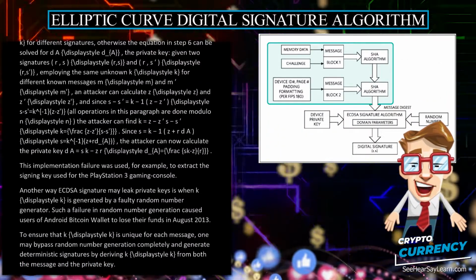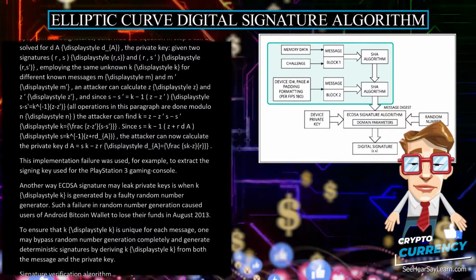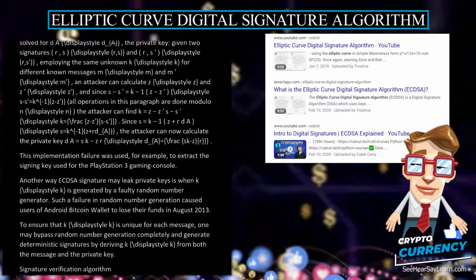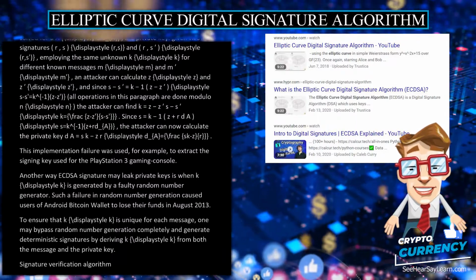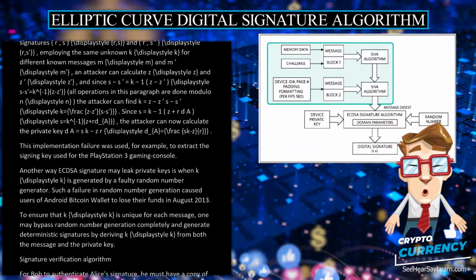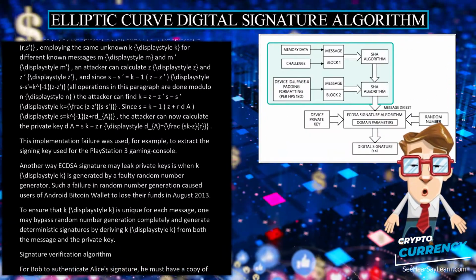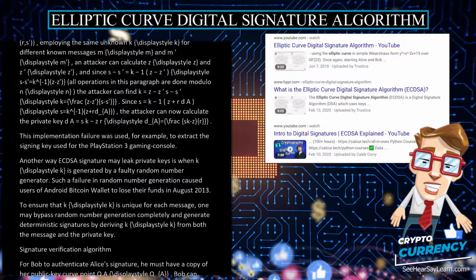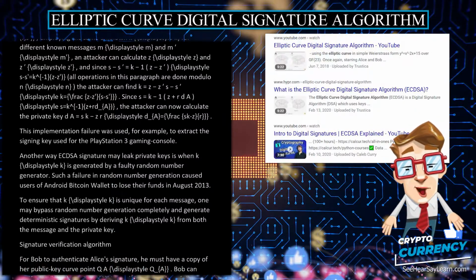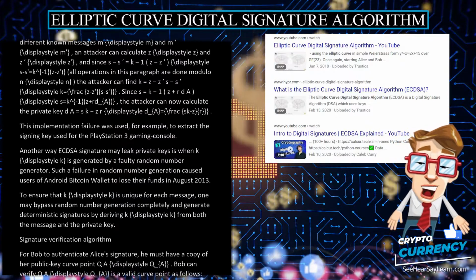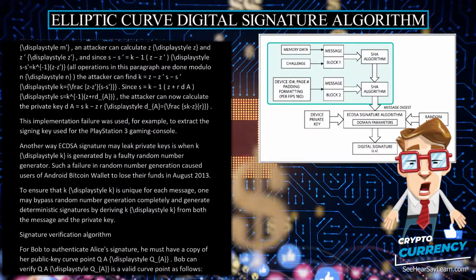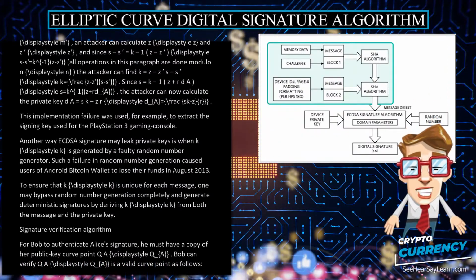An attacker can calculate z and z', and since s minus s' equals k to the power of minus 1 times (z minus z'). All operations in this paragraph are done modulo n.